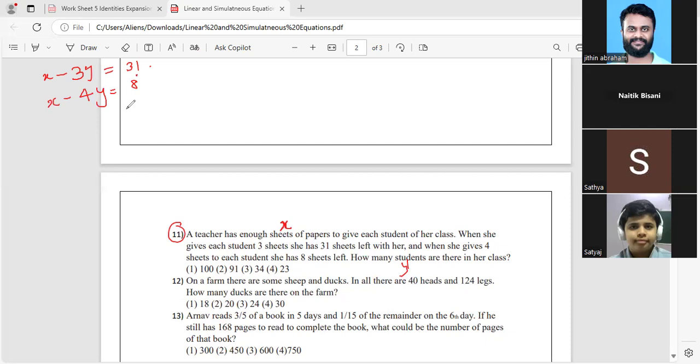And we are supposed to find the number of students. Basically, we have to find y. So we can eliminate x. So what we can do is simply subtract this equation. When I'm subtracting, I'm going to change the signs for everyone. x minus x is 0. Minus 3 plus 4 is plus 1. 31 minus 8 is 23. Your answer is 23.